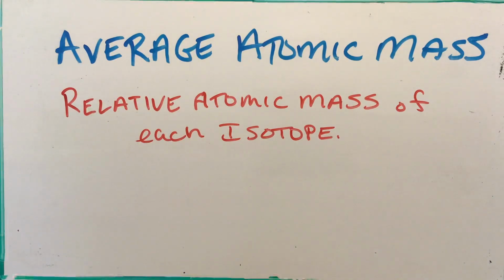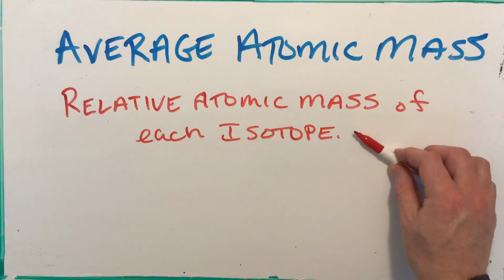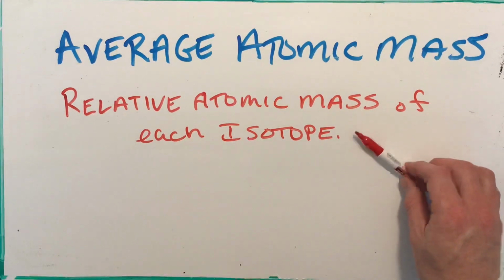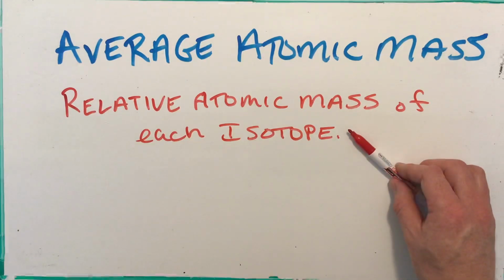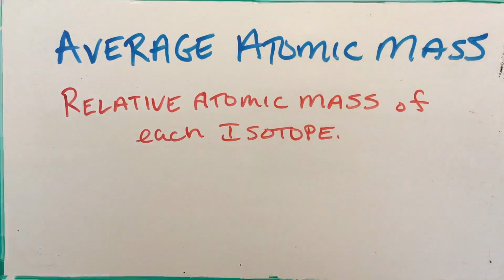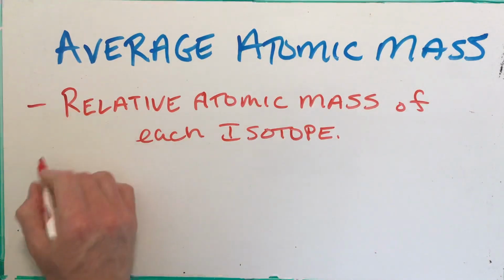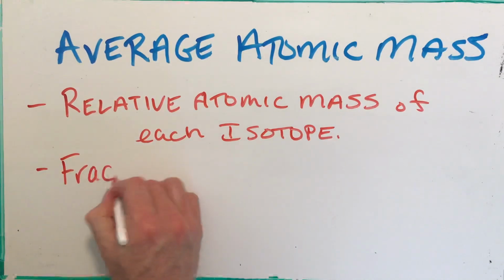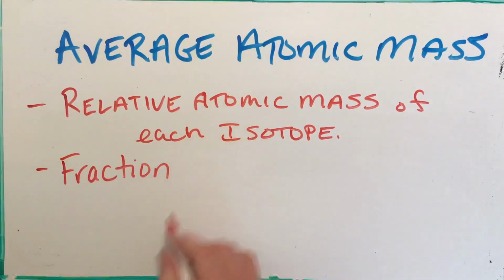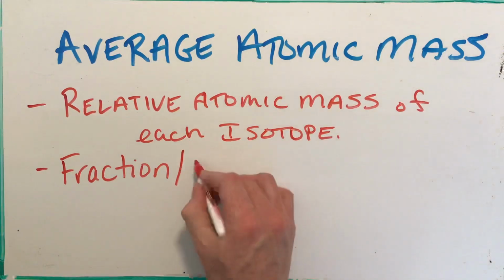The other isotope is 13, that's the mass of that. All right? The relative atomic masses I will always give you. Those will be provided to you in a table probably if I do a question like this. And you will have to do questions like this. All right? The other piece of information that I need, so I need that. I will also need the fraction or abundance.